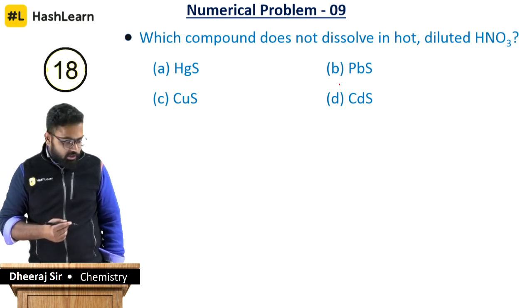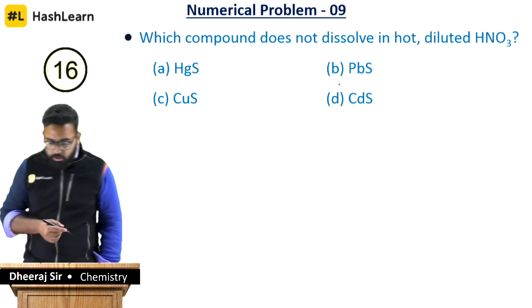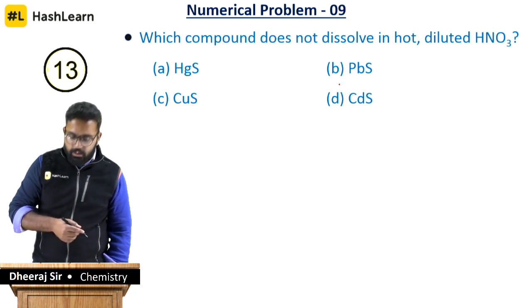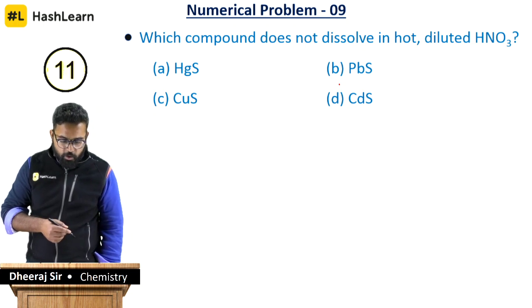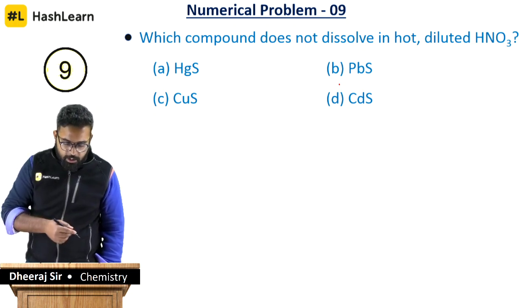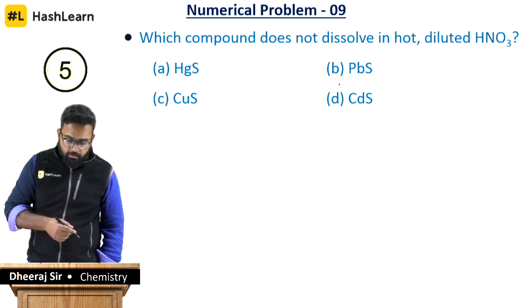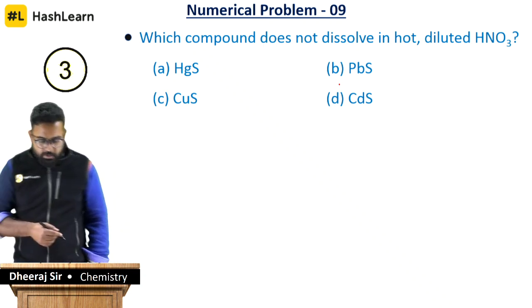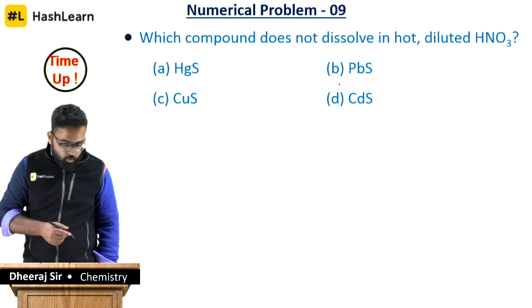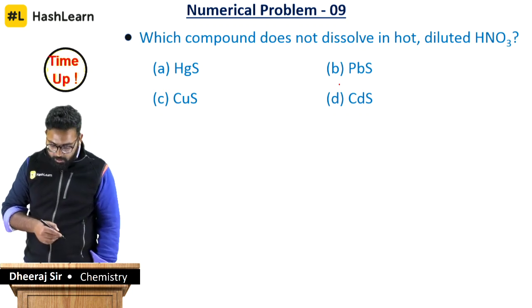Which compound does not dissolve in hot dilute HNO3 is the question. So what is it going to be? HgS, PbS, CuS, CdS. That's mercuric sulfide, lead sulfide, copper sulfide, cadmium sulfide. What is it going to be?